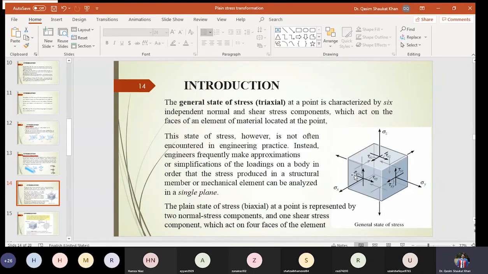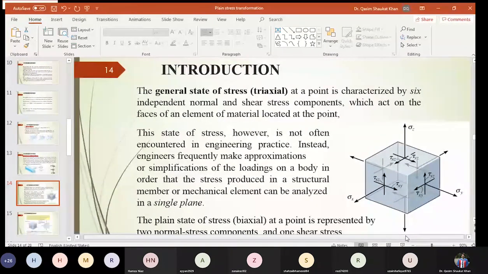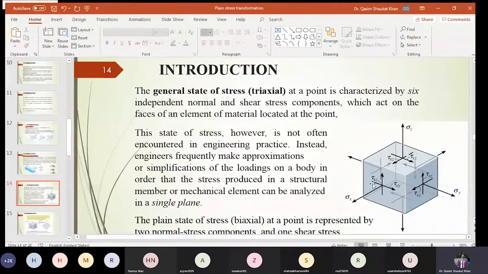So this shear stress will be designated as tau xz. It is in the x plane and it is acting towards the z direction. So the first subscript represents the plane in which the stress is acting, and the second subscript represents the direction in which this stress is acting. Okay?